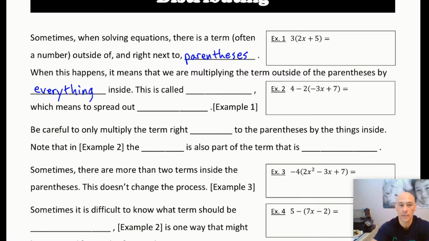This is called distributing, which means to spread out evenly. So distributing means to spread out evenly.